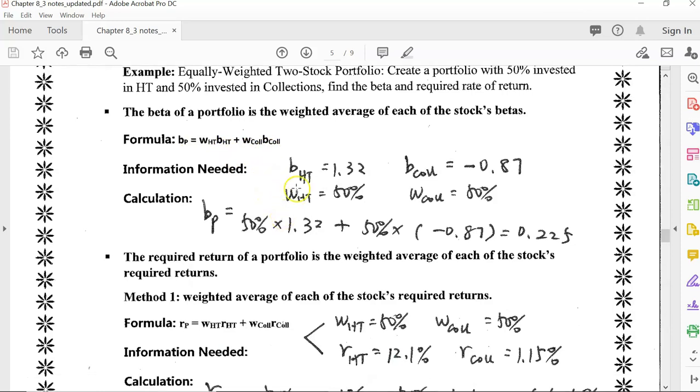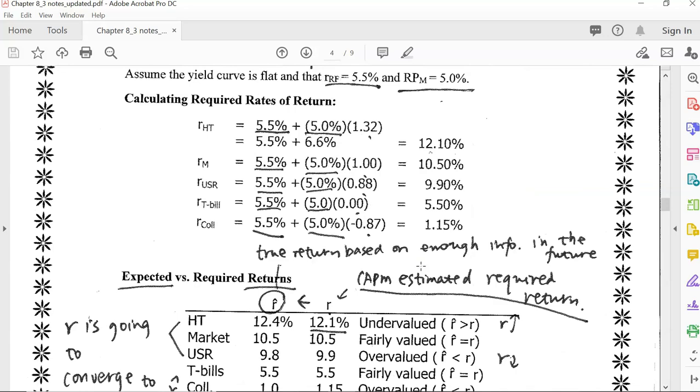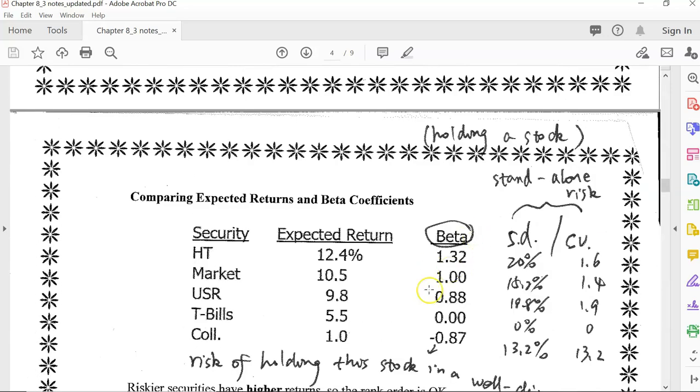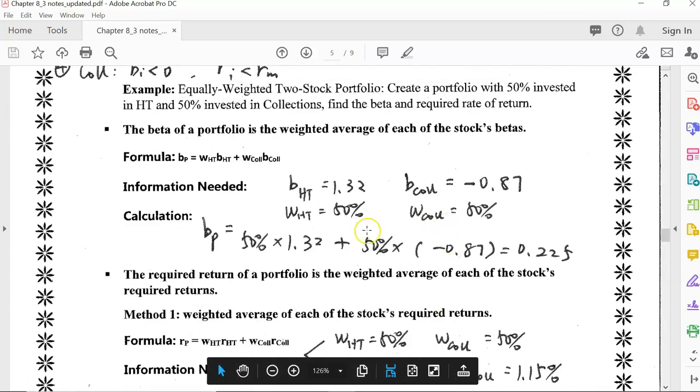Beta for high tech is 1.32. Beta for collectible is negative 0.87. Weights are 50%, 50%. These two betas were estimated in our last video. It's here, so we are using it here.